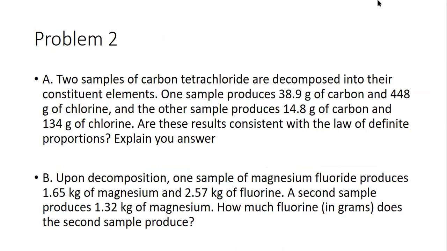What about heavy water? Those of you who don't know what heavy water is, it's when you have a deuterium instead of a hydrogen. So it has an extra neutron, and so there the mass doesn't work out. But the law of you always have 2 hydrogens to 1 oxygen is true, because deuterium is still a hydrogen.